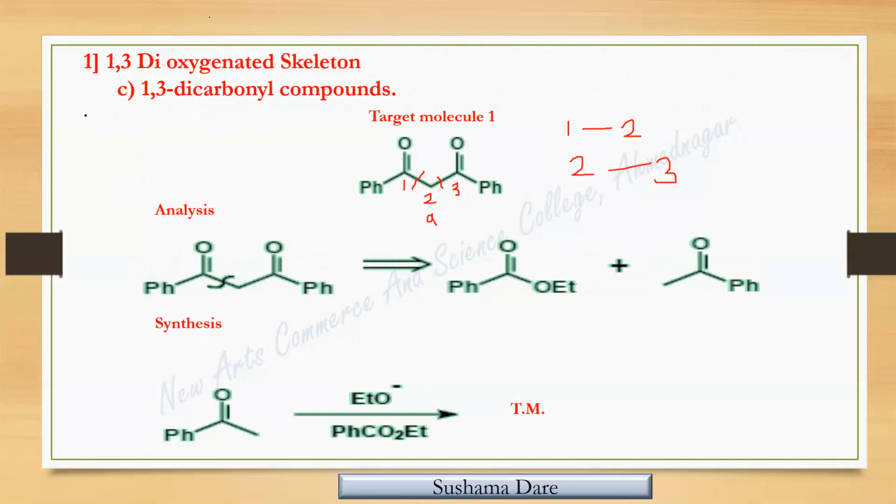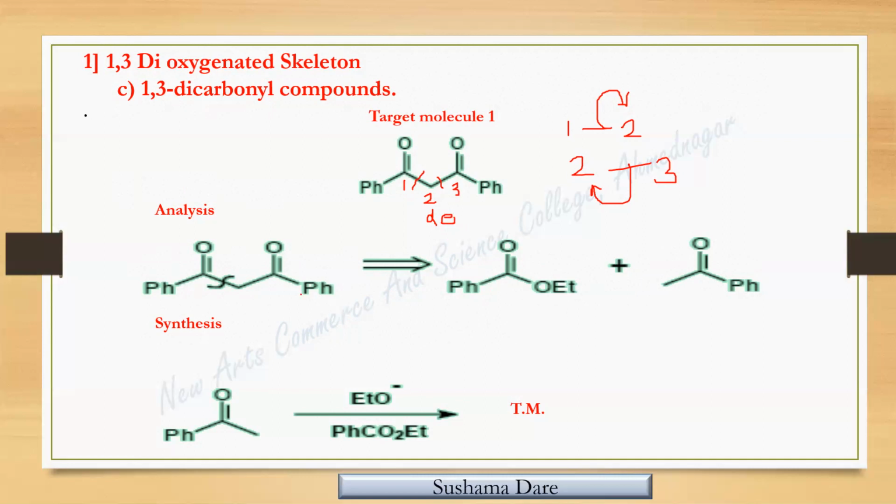So always remember the disconnection is towards the number 2. This way disconnection is allowed, or this way. So the negative charge always goes towards the alpha carbon; that is, the number 2 must carry the negative charge.